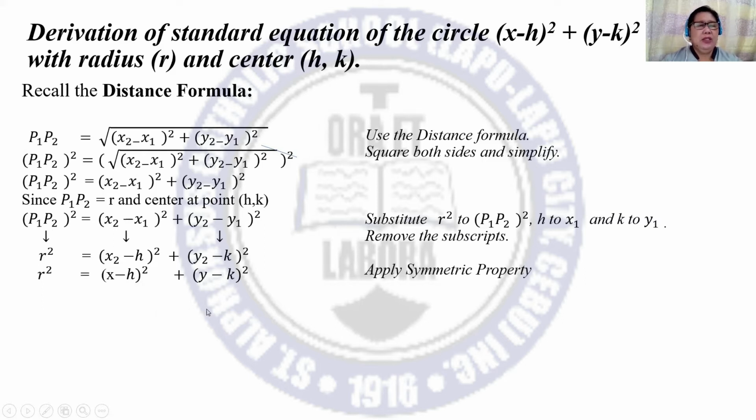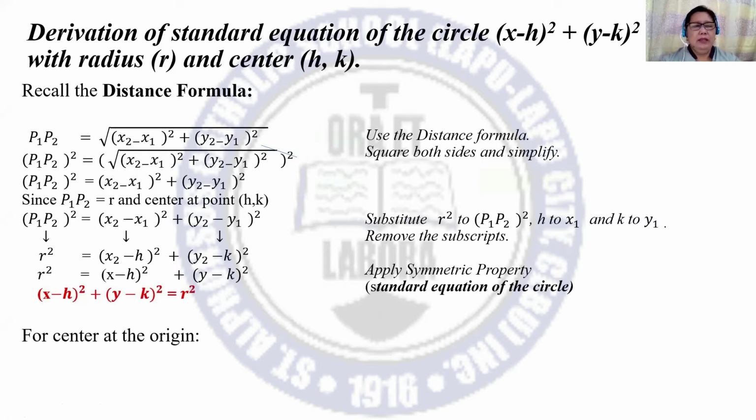Then apply the symmetric property of equality. What we have is the square of x minus h plus the square of y minus k is equal to r squared. This is how to get the standard form of the equation of the circle where the center is not at the origin and represented by h, k.